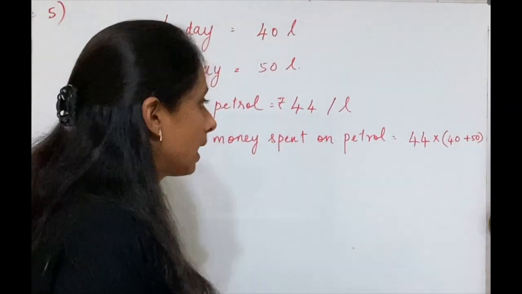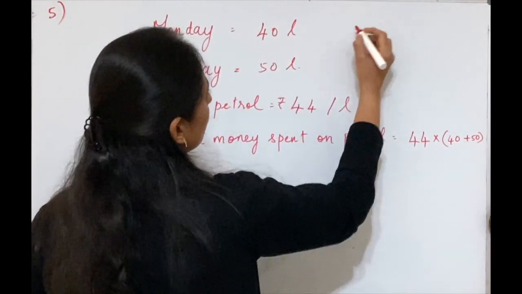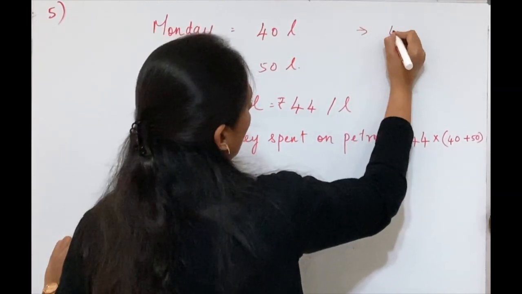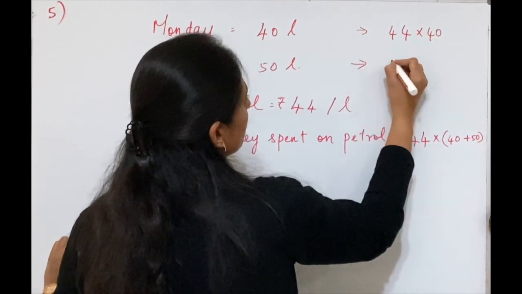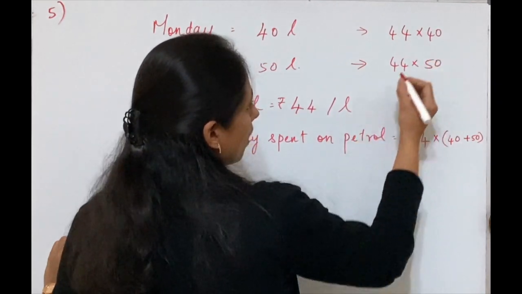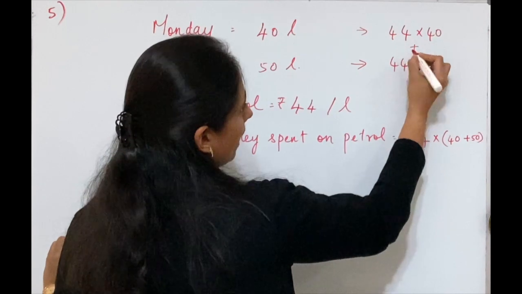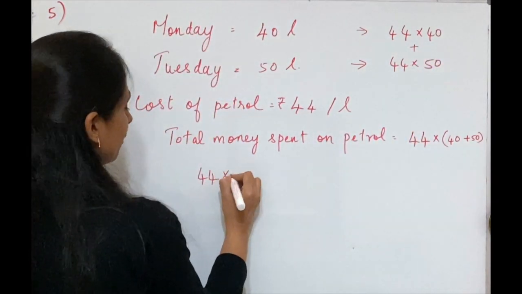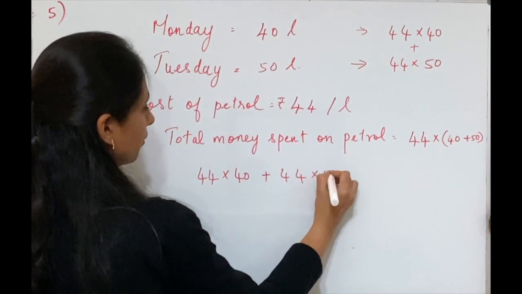So how did I write this? First, only for Monday, we will write it as 44 into 40. Only for Tuesday it will be 44 into 50. Now they are asking the combined money spent, so this I have to add. That becomes 44 into 40 plus 44 into 50.